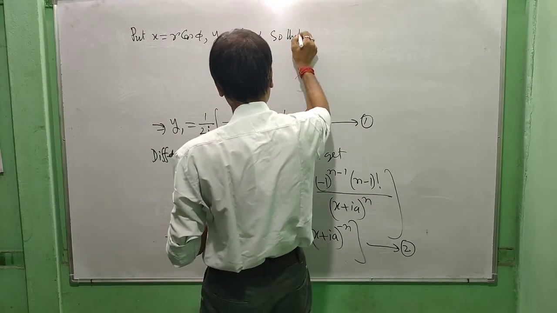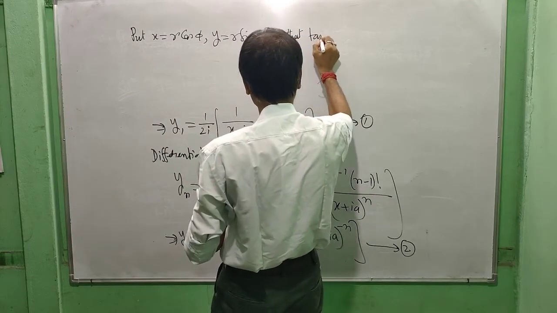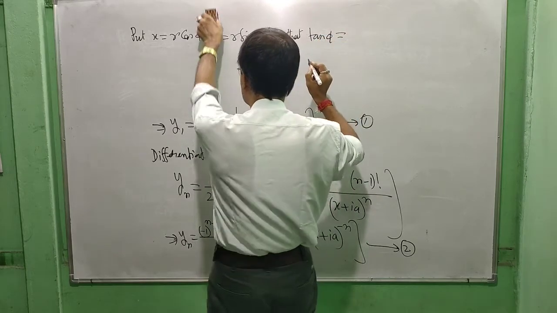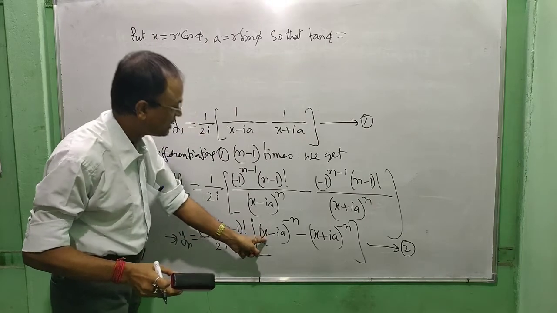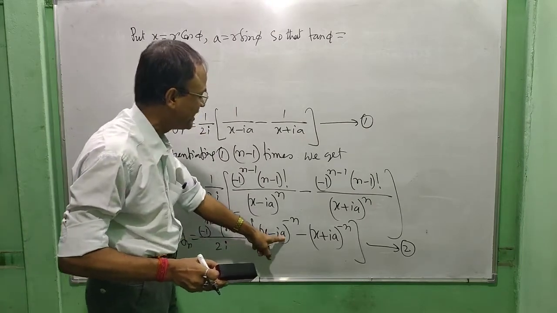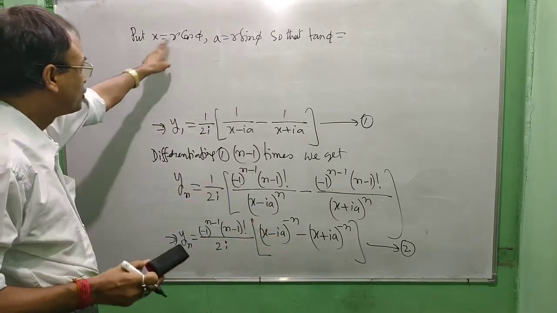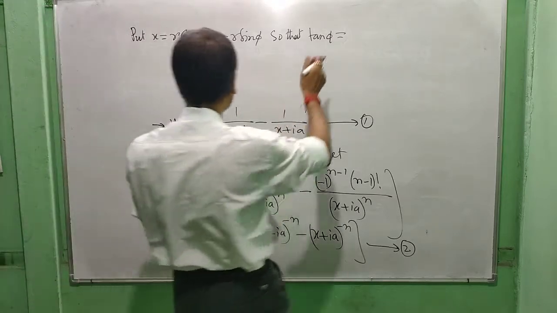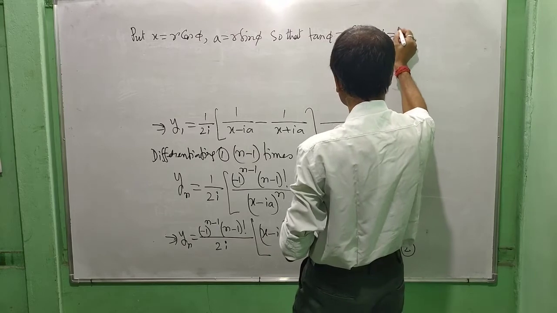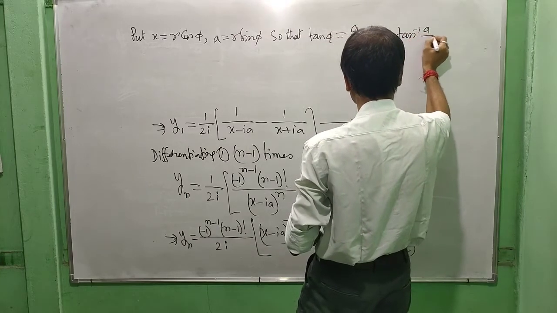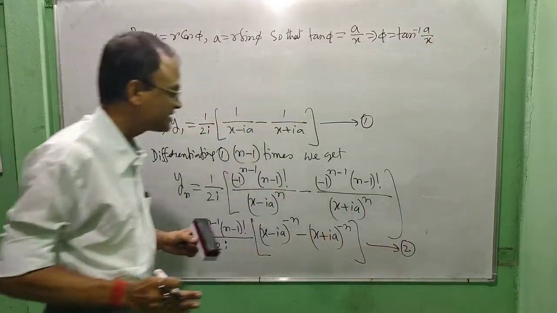So that tan phi, it is not y, this is a. We have to put x is equal to r cos phi, a equal to r sin phi. So that tan phi is equal to a by x. This means phi is equal to tan inverse a by x.